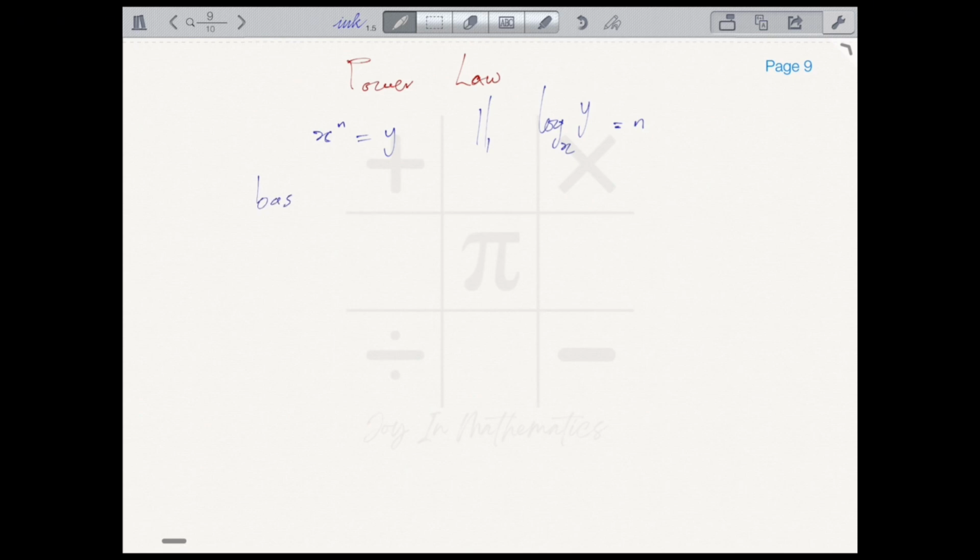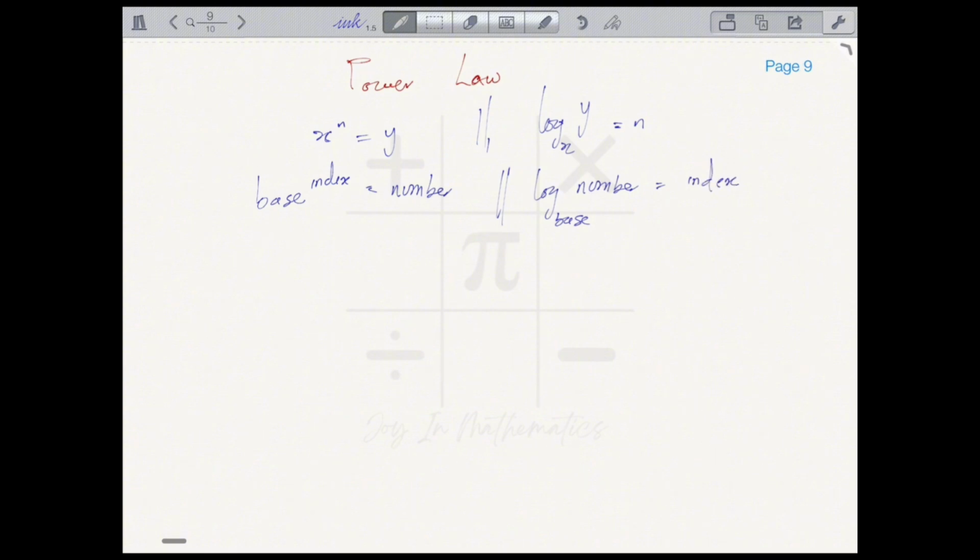In respect, we're saying that the base raised to the power of the index is equal to the number, and that means the log of the number to base is equal to the index.